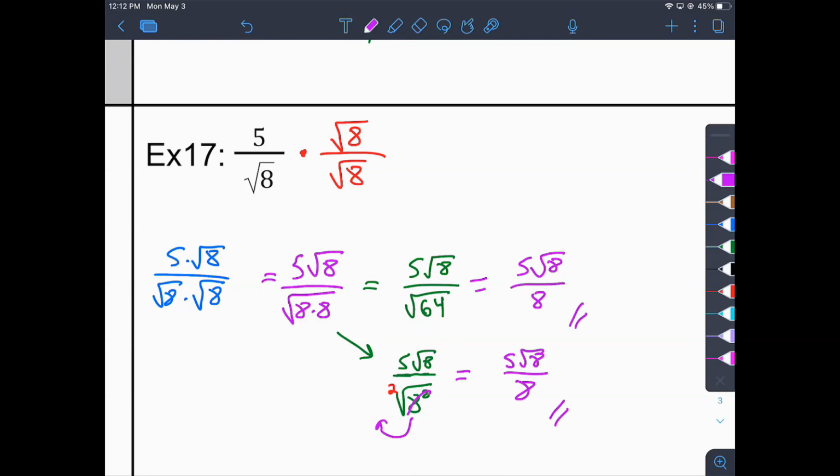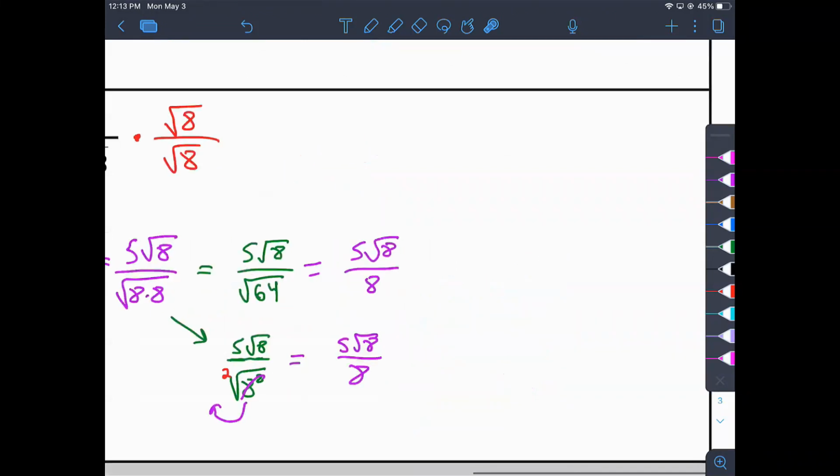And they will not reduce, well, they will. Actually, they will reduce further. Where do they reduce further? Well, doesn't 8 factor tree out a little bit? Here we go. 8 factor trees into 4 times 2, which 4 breaks into 2 times 2, which means this whole thing, 5 root 8, can be written as 1, 2, 3. 1, 2, 3.